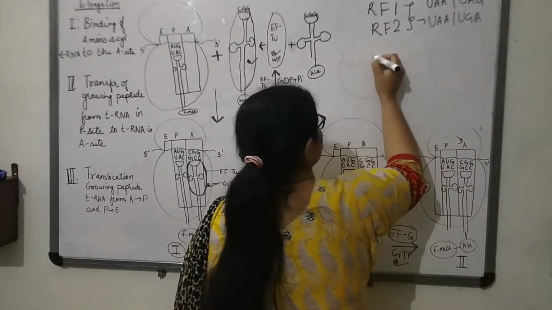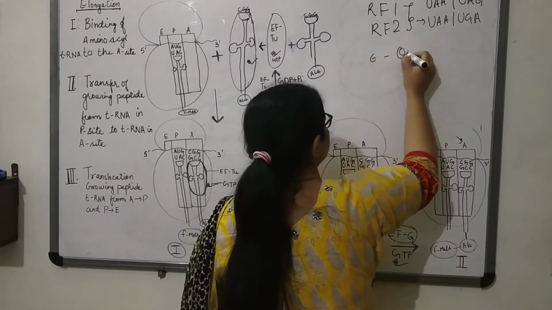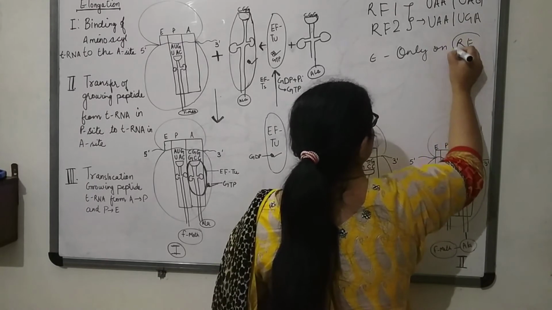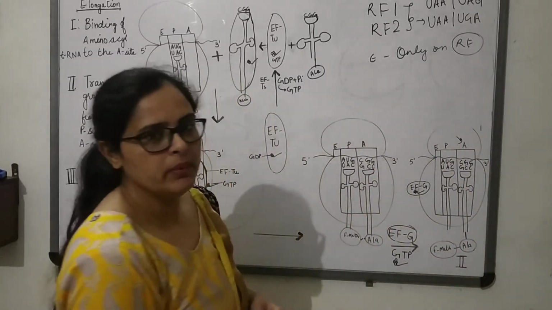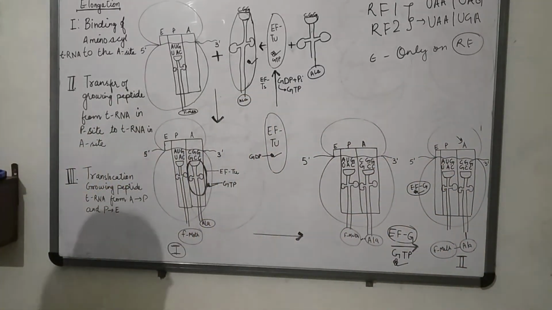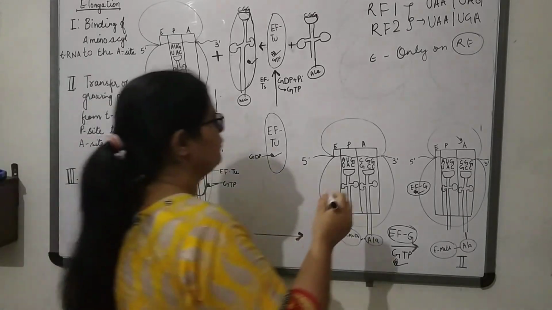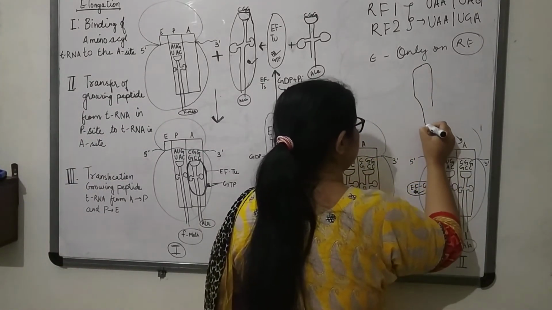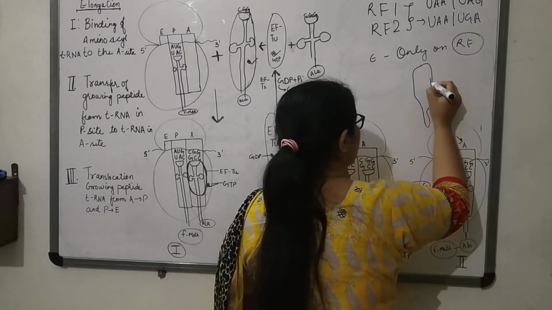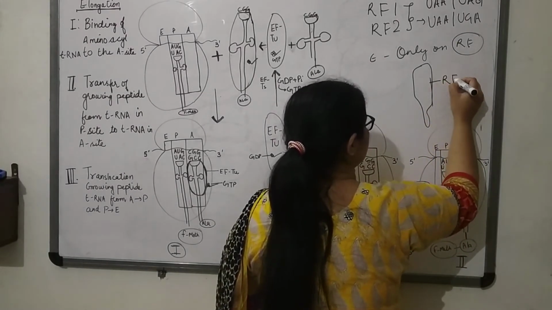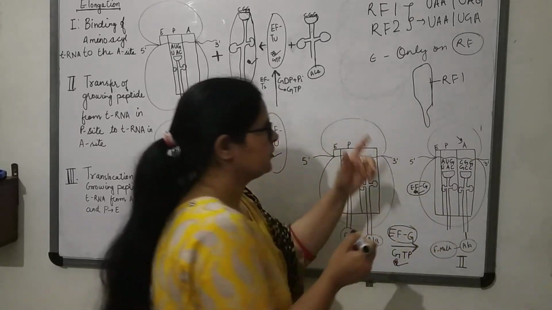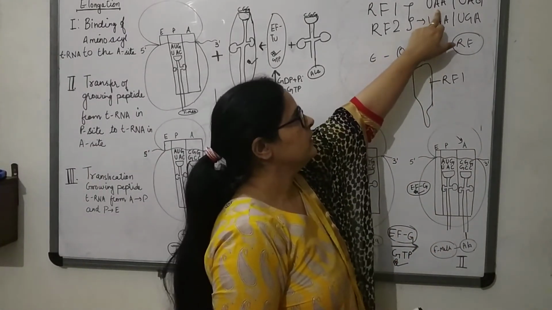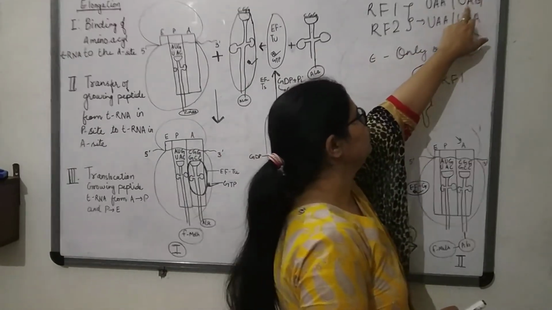Okay, whereas in case of eukaryotes only one release factor will stop the reaction. Okay, so these are having a shape like this one. You can say that this is release factor 1. So release factor 1 will bind to either UAA or UAG.